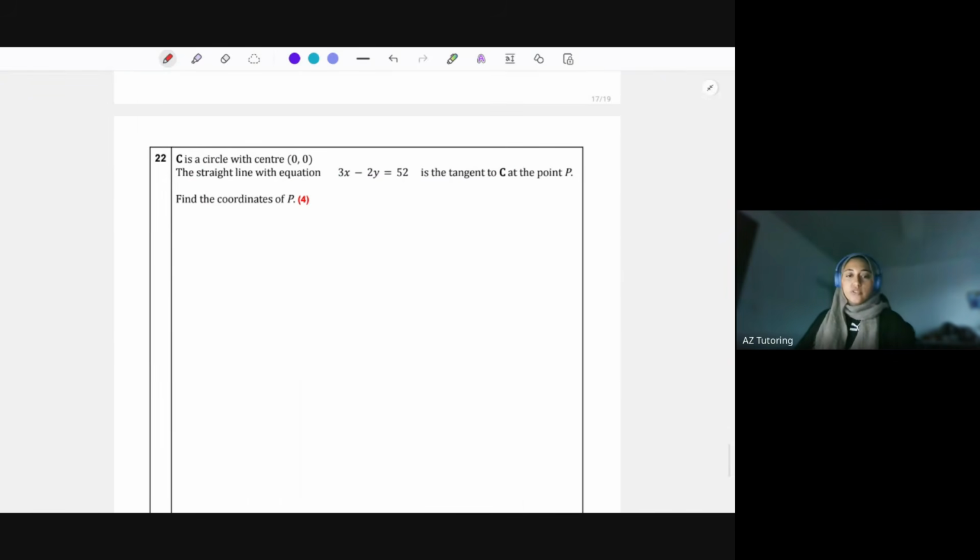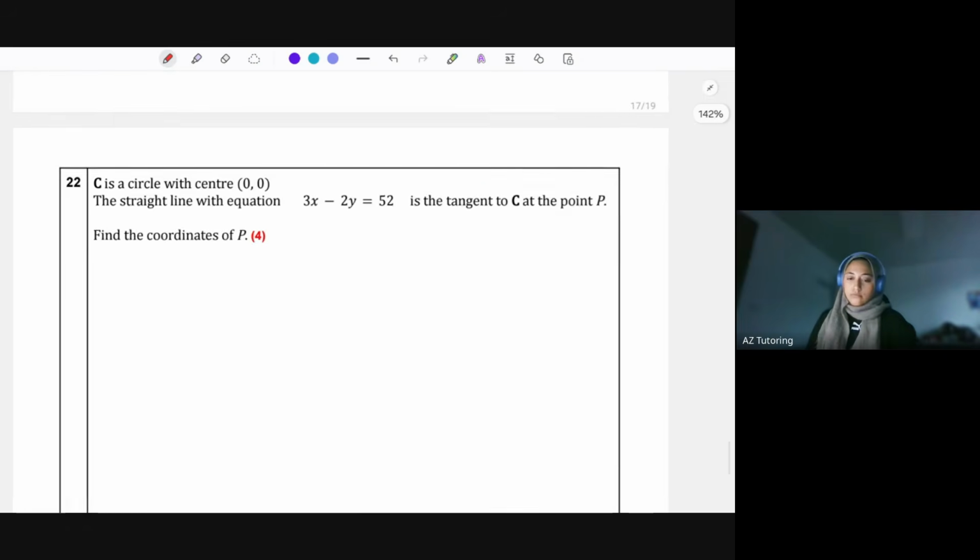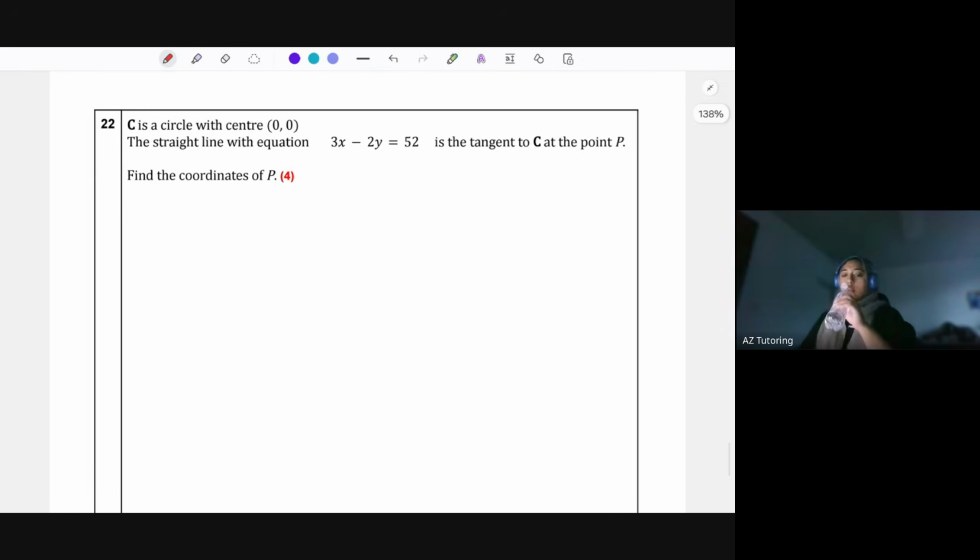Let's move over to question 22. Circle C is a circle with center 0, 0. The straight line with this equation is a tangent to the circle at point P. So what that's basically saying is this circle has a tangent, which is this.